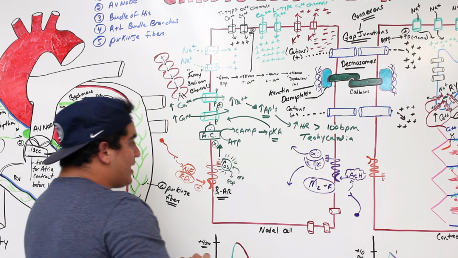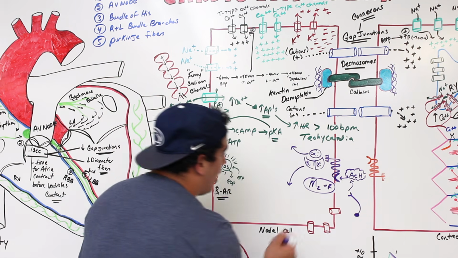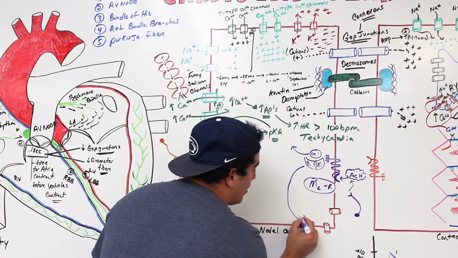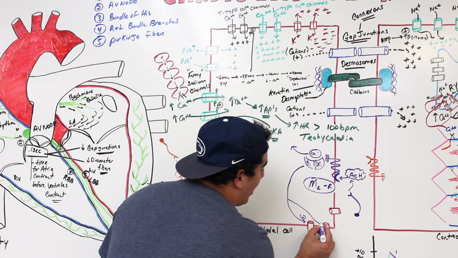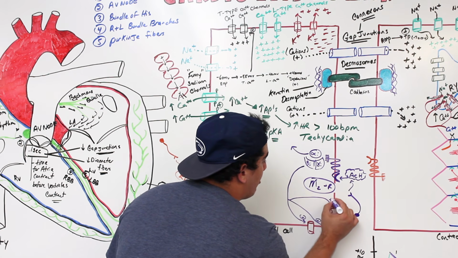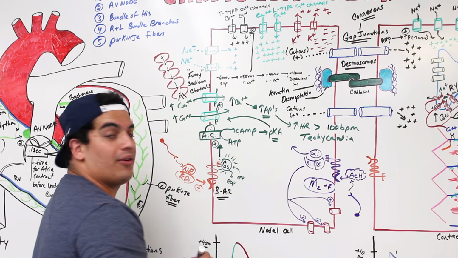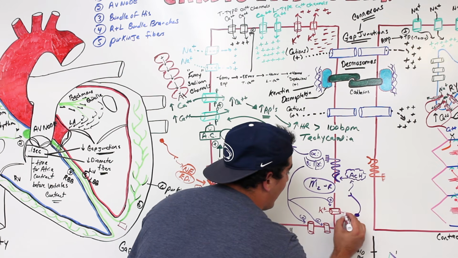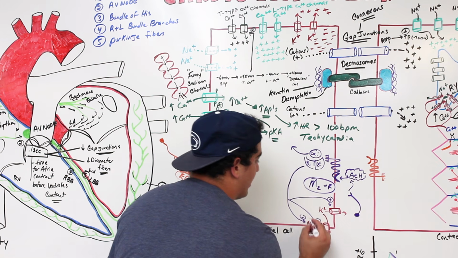When the beta and gamma subunit bind onto these channels, it causes these channels to open up. And guess who starts flowing out?